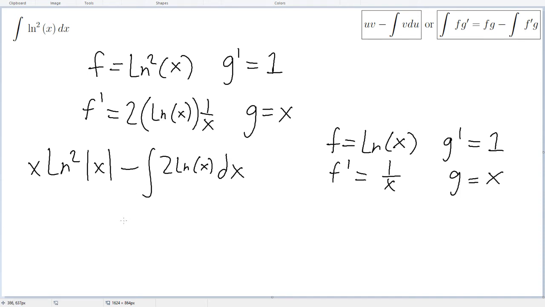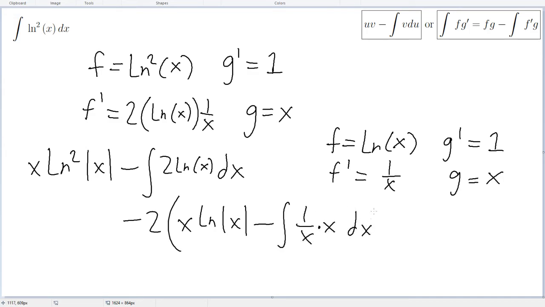And so now this becomes -2. I'm going to put parentheses here. So we just have x ln of x minus the integral of 1 over x times x, which literally cancels out to just 1 dx. We know the integral of 1 is just x.